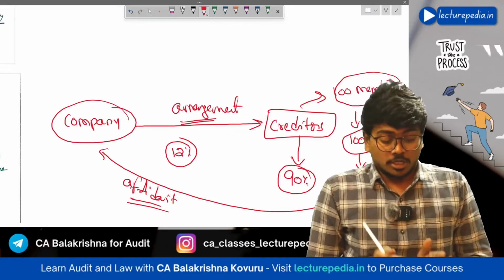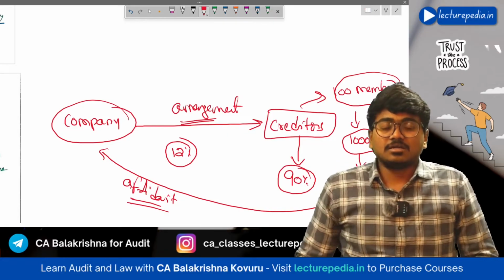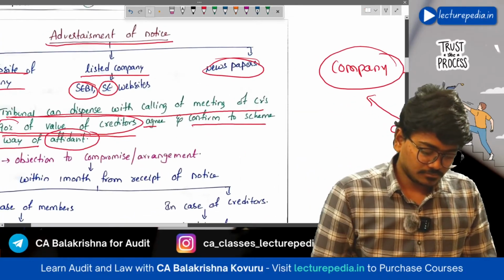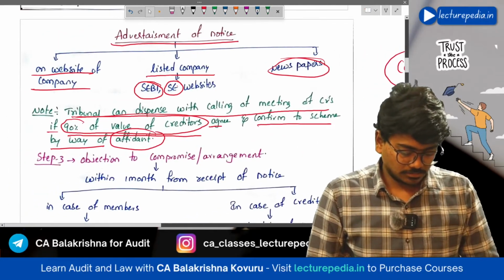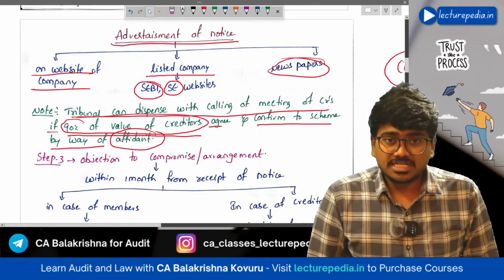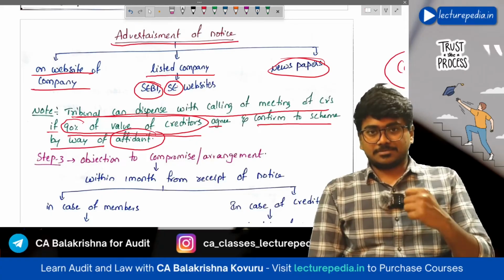Hope that is clear. So this option is available only for the creditors, not for the shareholders. So that is step number 2, which deals with notice.